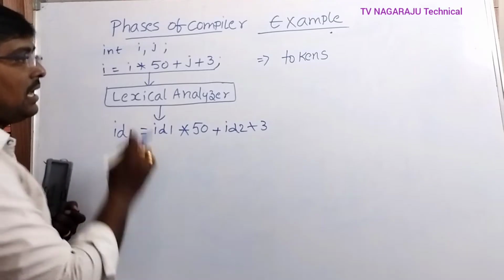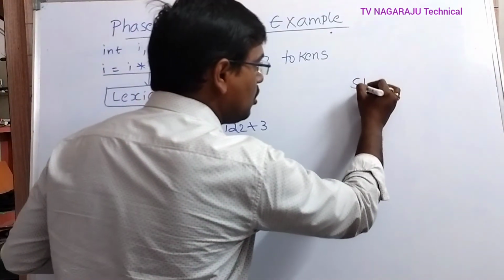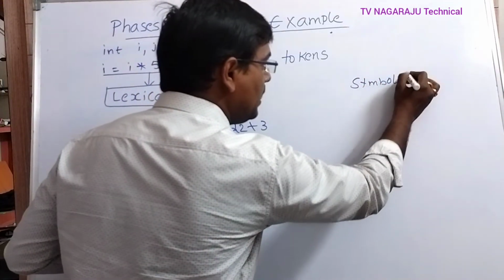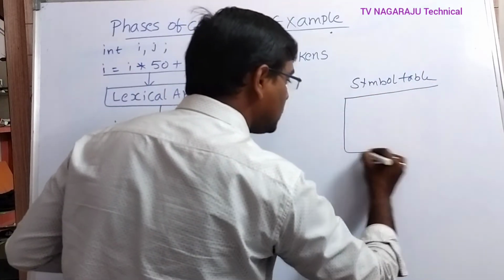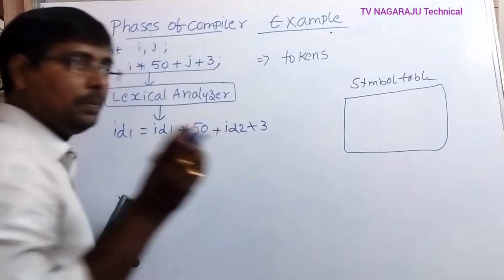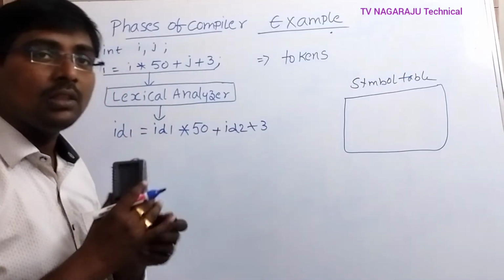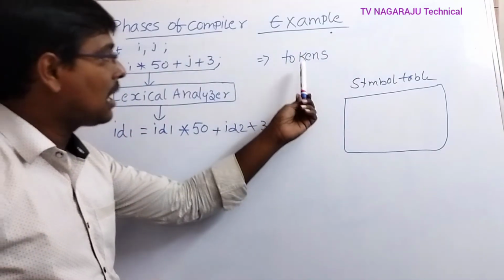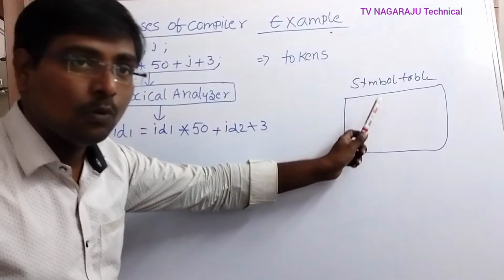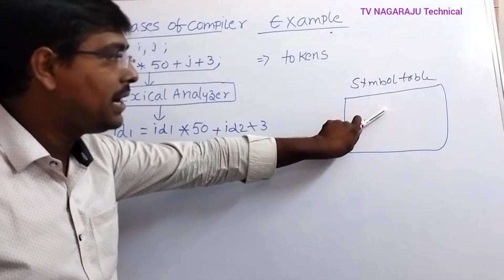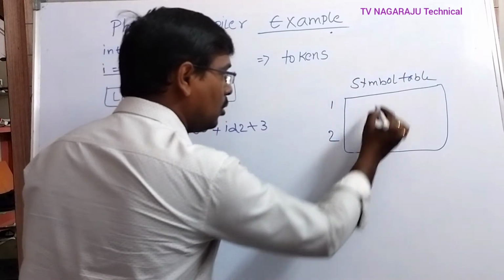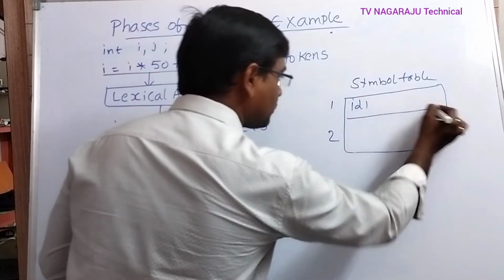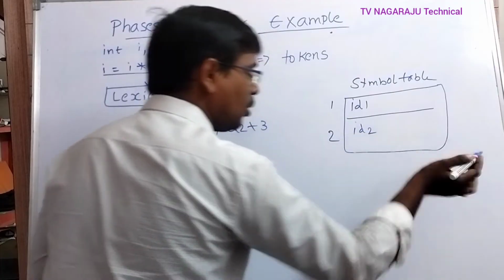Now the lexical analyzer also maintains a symbol table. What do you mean by symbol table? Simply the complete information about the tokens is maintained by the symbol table. For example, 1, 2, id1, id2 and so on.